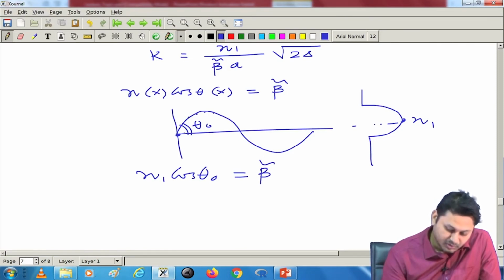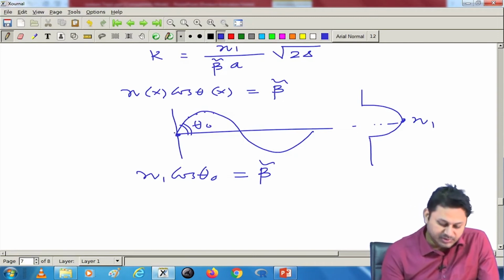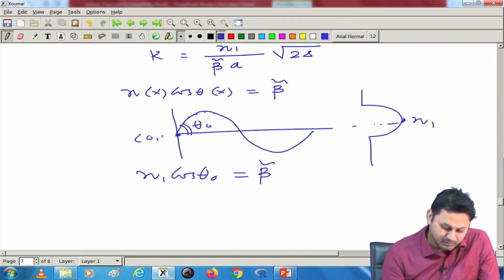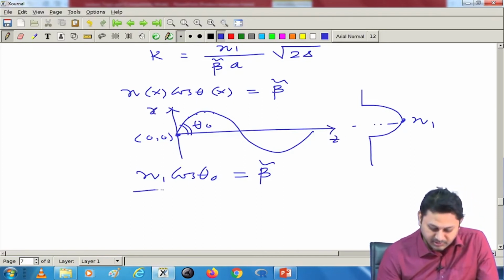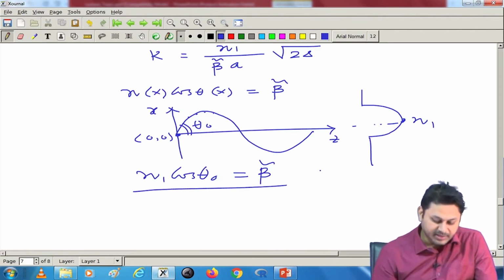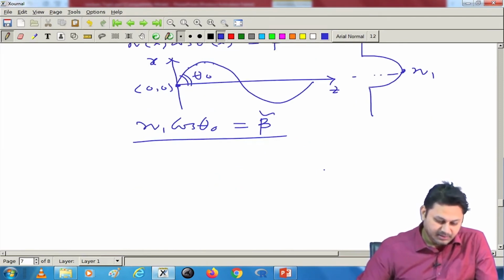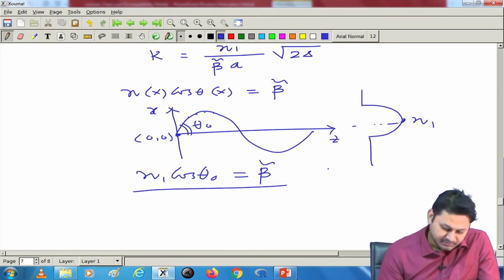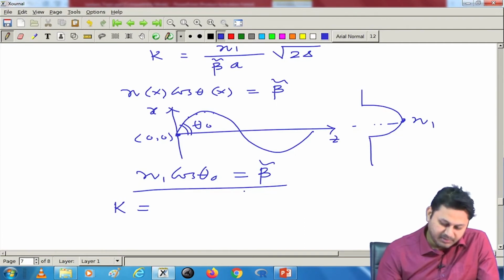It should also have the same value at this point, which is the origin 0 0. This is x and this is z. So, this condition is also valid at x equal to z equal to 0. So, my k, I can write as n 1 divided by beta tilde, I just replace it with the function cos theta.